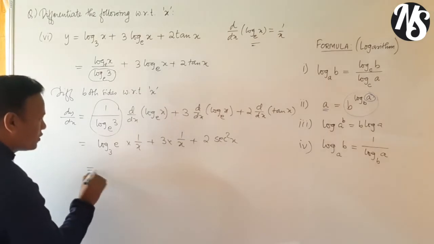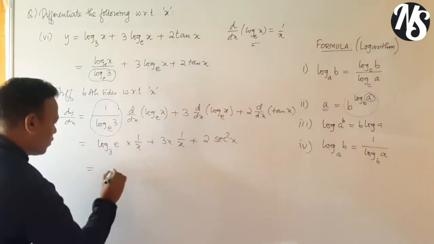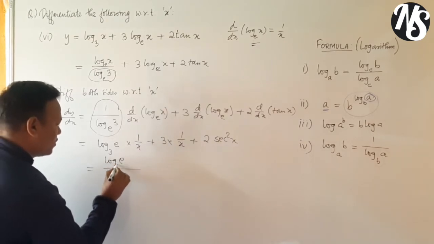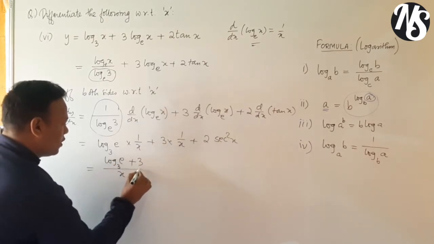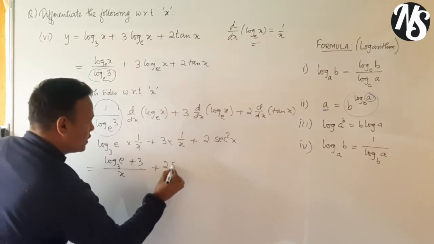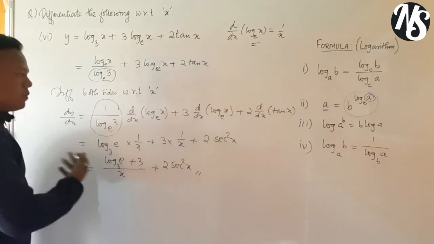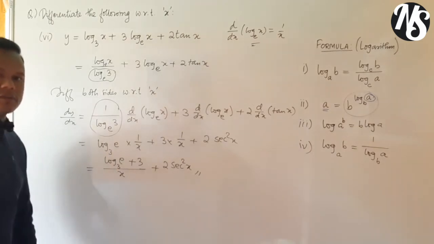So if I take 1 by x common, your answer turns out to be log e to the base 3 plus 3 plus 2 x sec square x. So this will be your answer for this particular question. Pause the video and note it down.